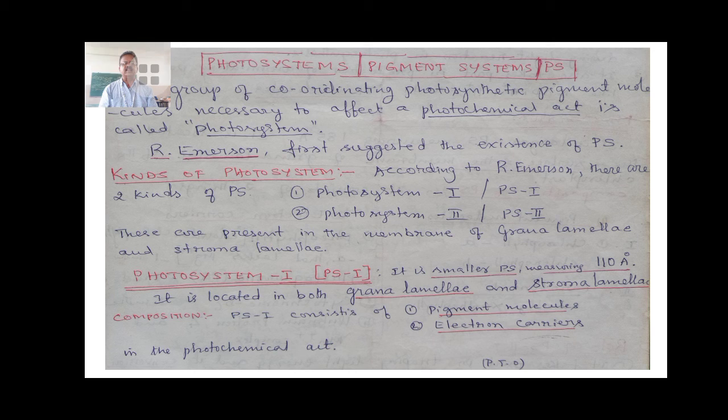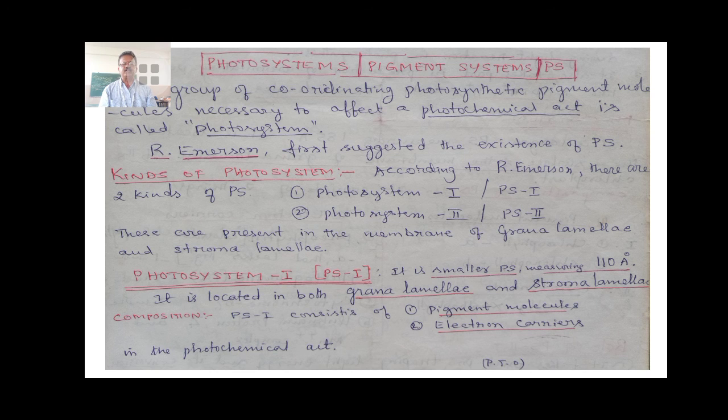Now let us see the role of PS2 in photochemical function. It exhibits 4 different types of photochemical role. Number 1, it takes part in trapping of sunlight energy and its conversion into chemical energy, as we saw in PS1, and it is also involved in non-cyclic photophosphorylation.